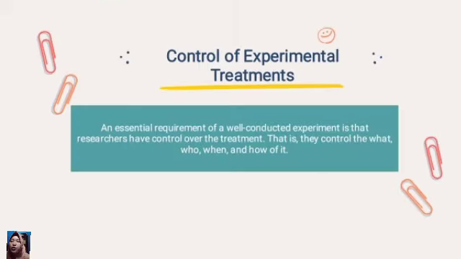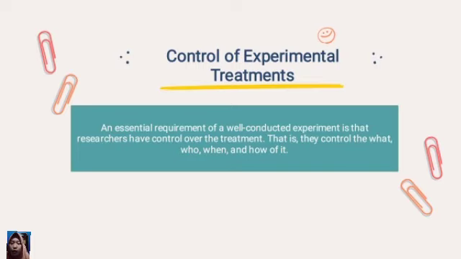Next is control of experimental treatments. The designs discussed in this chapter are all intended to improve the internal validity of an experimental study. As we have seen in previous explanations from other presenters, each has its advantages and also disadvantages, and each provides a way of handling some traits.